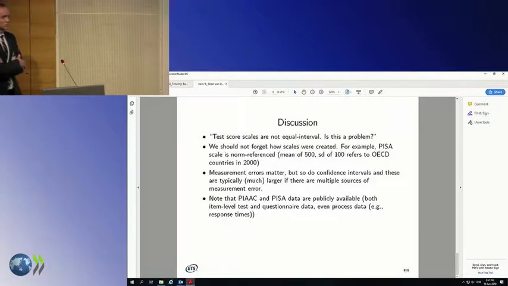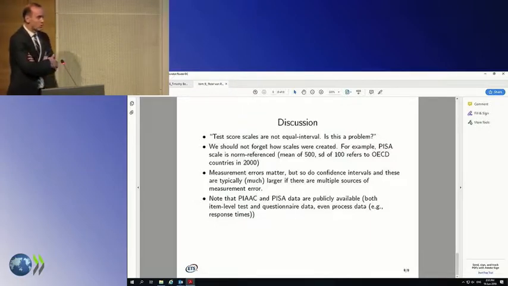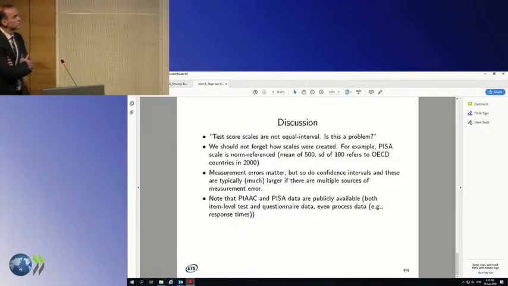But now, almost 20 years later, there are many more countries participating in PISA. There are different OECD countries, right? Because more countries joined the OECD since back then. So all these changes need to still be kept in mind in interpreting the scale, I think. As we saw in all presentations today, measurement errors matter a lot, but so do the confidence intervals.